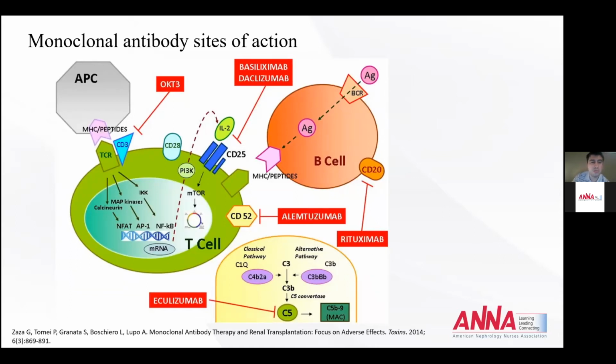Then down over here is a commonly used monoclonal antibody, and what we'll use here is a CD20 to deplete B cells if we have to. And then this one, which is commonly used, is called Eculizumab, commonly used for another disorder called atypical HUS.